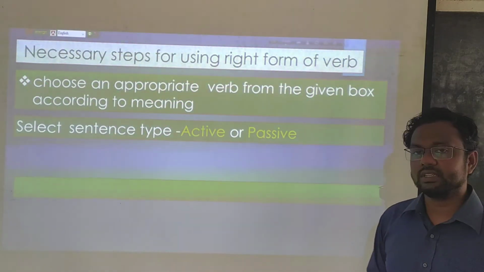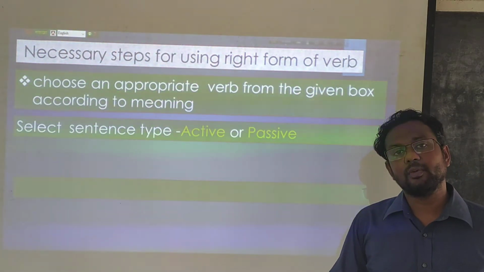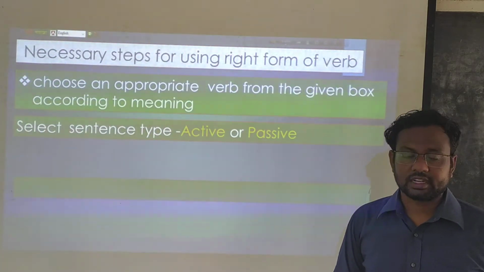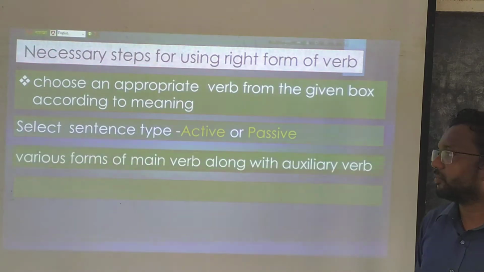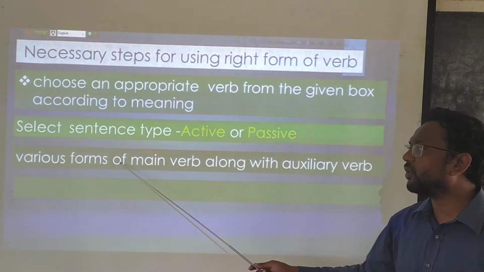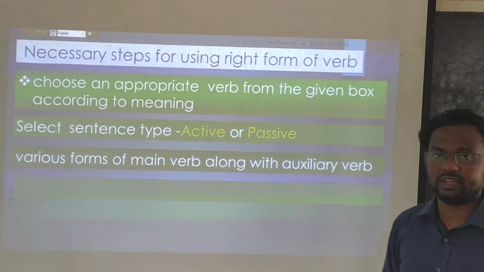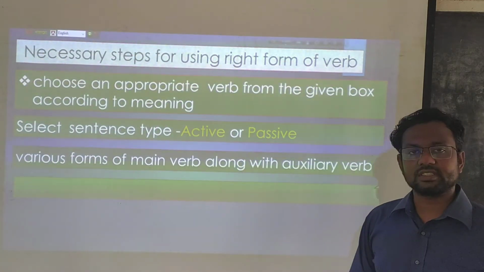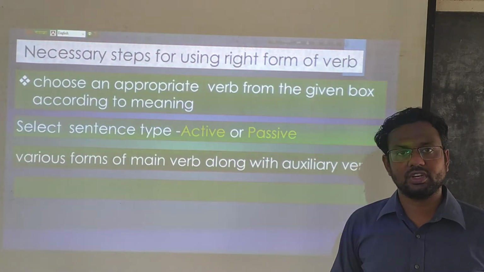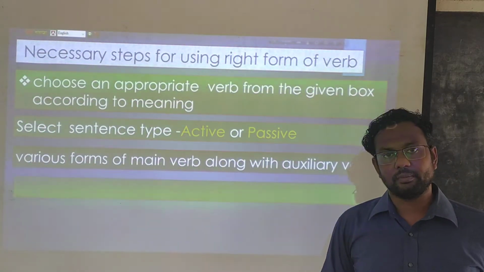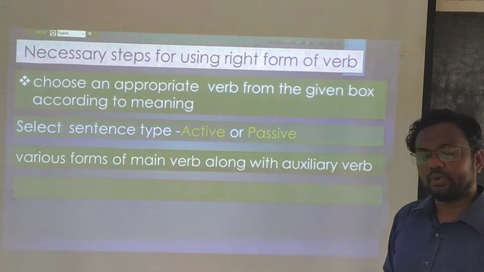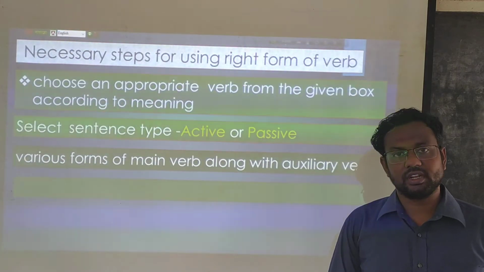Again, for a passive sentence, you have to use the passive form. Now the third step: we find the various forms of the main verb along with the auxiliary verb. To do this, you have to learn about tenses. Depending on the tense, we will use the main verb and also the auxiliary verb along with it.